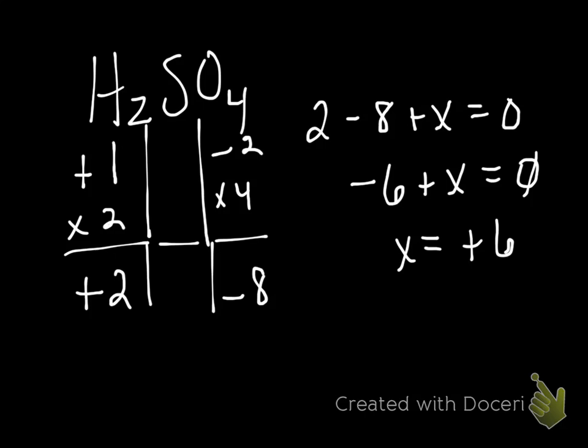Good? Okay. So we know that this has got to be +6. Well, how many sulfurs do we have to distribute that +6 over? Just 1. So what we have is +1, +6, -2 for the oxidation numbers.